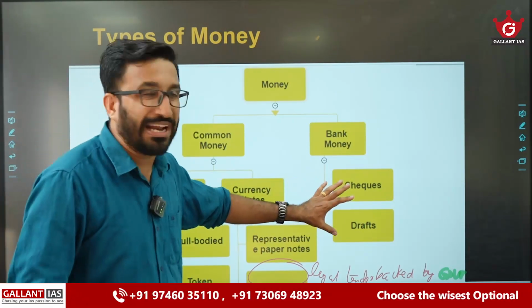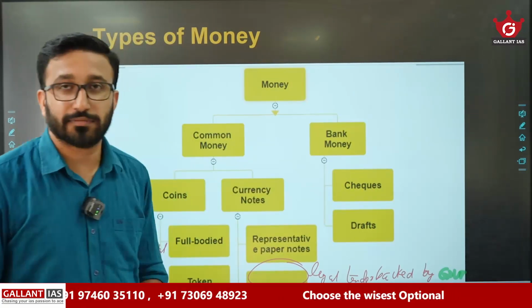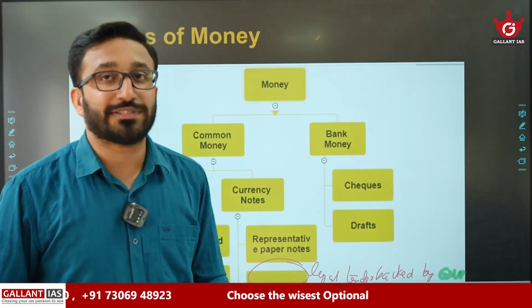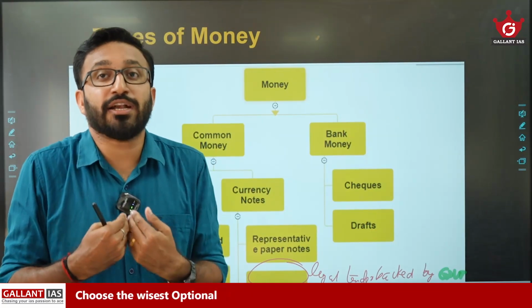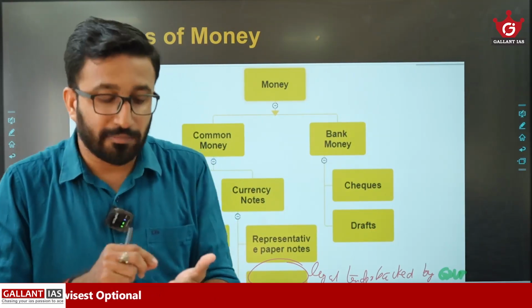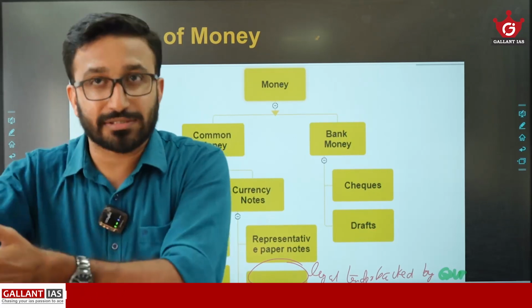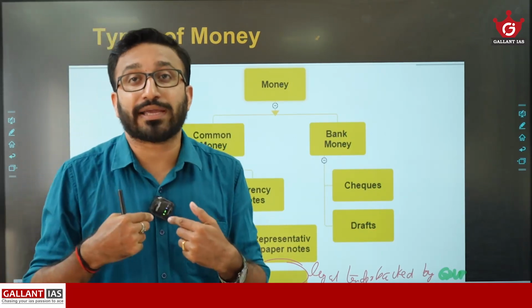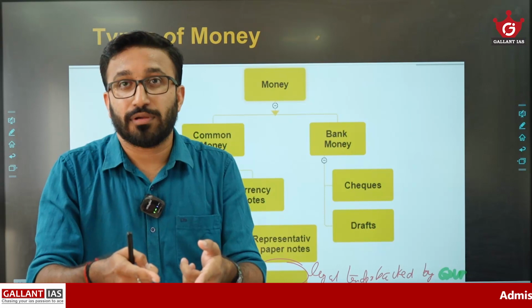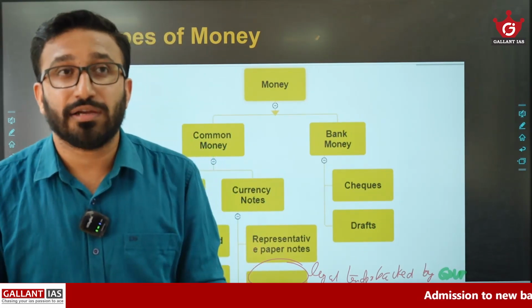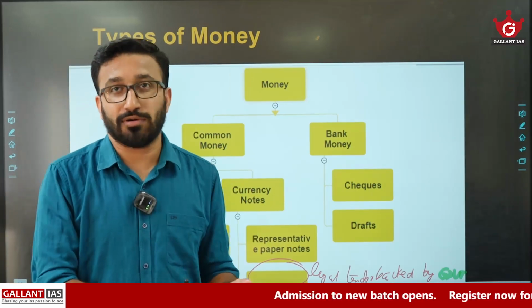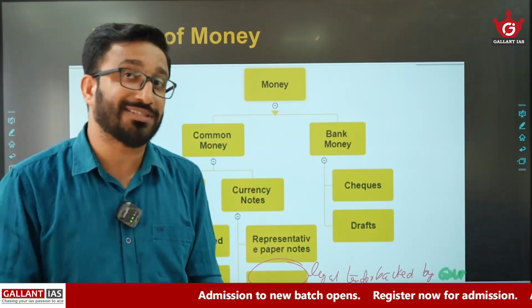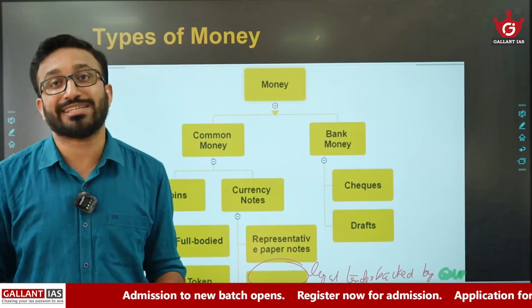That is the main difference between check and draft. So in the case of check, the backing is given by the individual. Suppose I am writing a check in the name of X. I am backing the check. So while issuing the check, it is not necessary that the amount is there in my account, but still I can write the check.